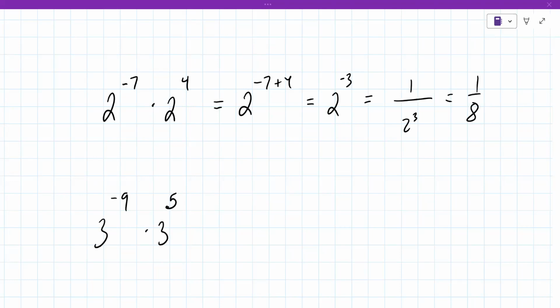So notice we didn't have any negative exponents in the bottom before. To the fourth. Okay, so it's 1 over 3 to the fourth. What does that become? What is 3 times 3 times 3 times 3?